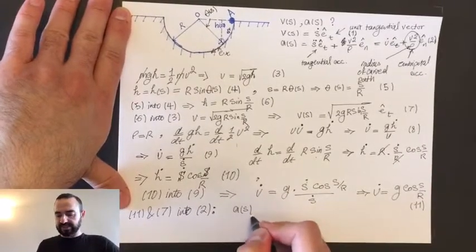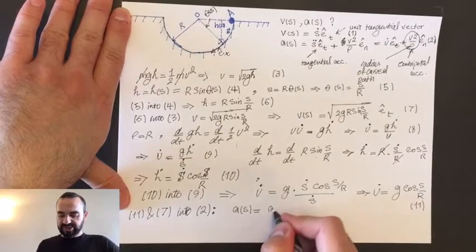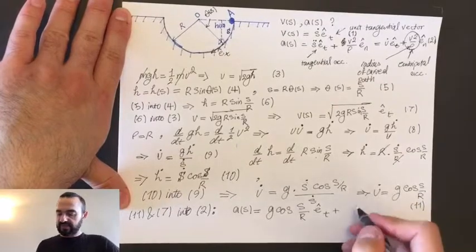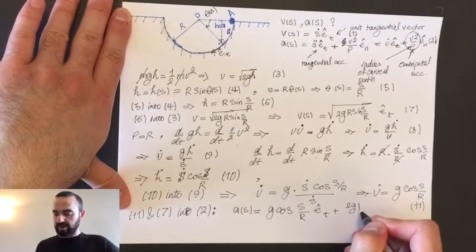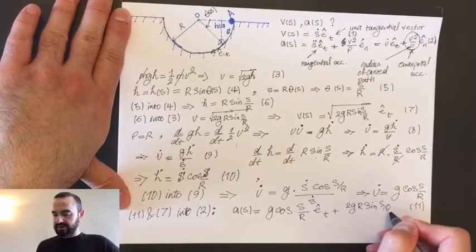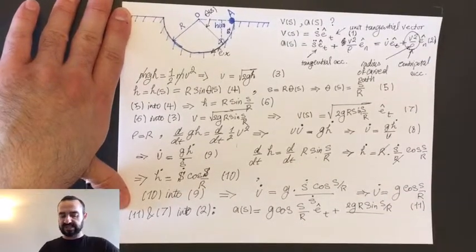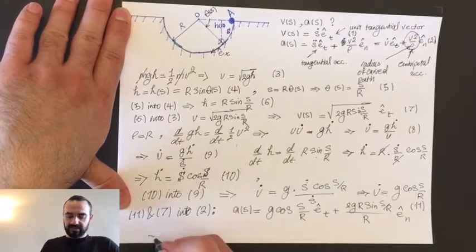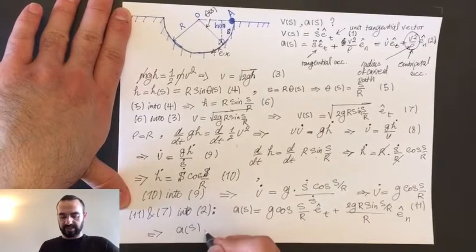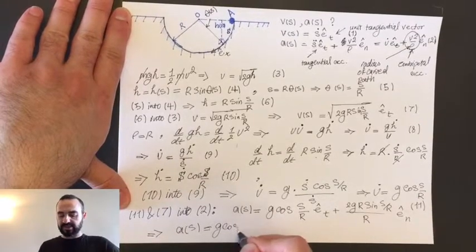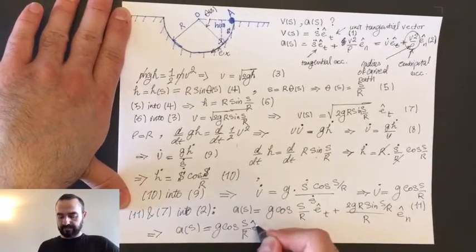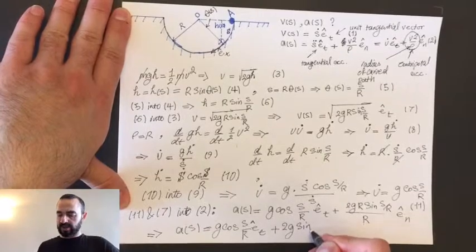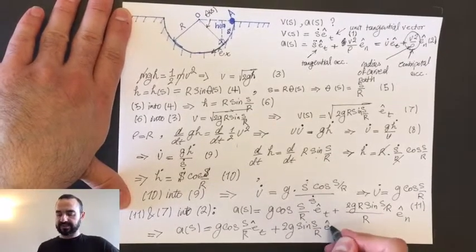We have a_s equal to g cosine s over r e hat t plus v squared, 2g r sine s over r, divided by rho, and rho in this case is equal to r, e hat n, which gives us a_s equal to g cosine s e hat t plus, r cancels with r, 2g sine s over r e hat n.